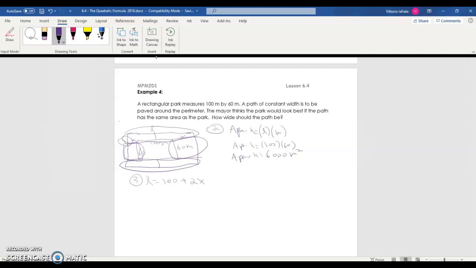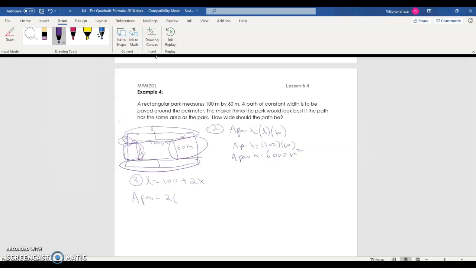So let me show you what I mean by that. This part here must be x, because it's the same width all the way around. So the area of the pavement, not park, is going to be equal to 2 times this area, because there's 2 chunks of this, up here and over here.